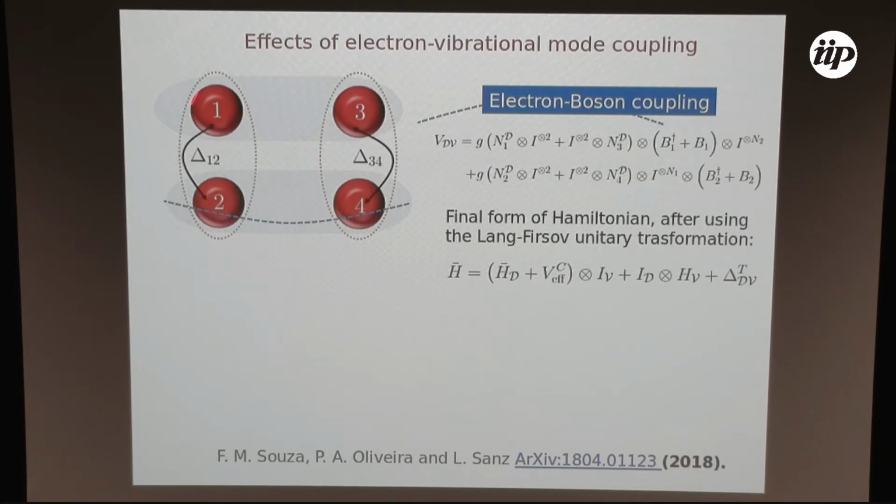But anyway, here we have one nanotube with 2 quantum dots defined there. And here below, we have also a second nanotube parallel to the first one with 2 quantum dots. They are close enough to allow one electron, let's say, in this nanotube, in quantum dot 1, to tunnel to quantum dot 2 in the second carbon nanotube.